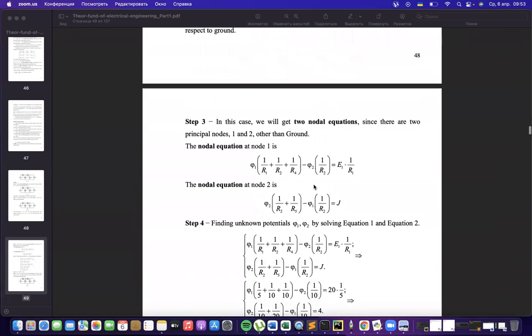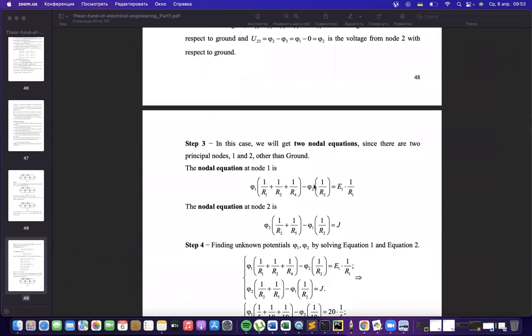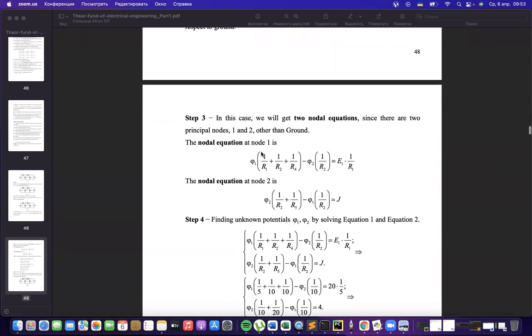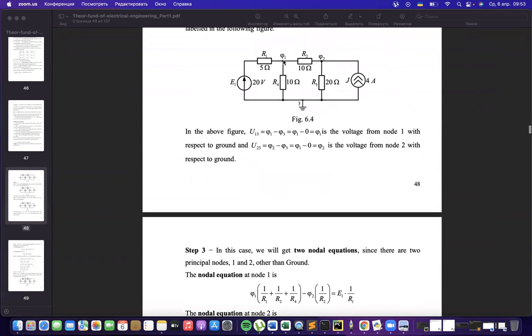How are we doing it? For the first point, we are making the necessary equation. Here it is.